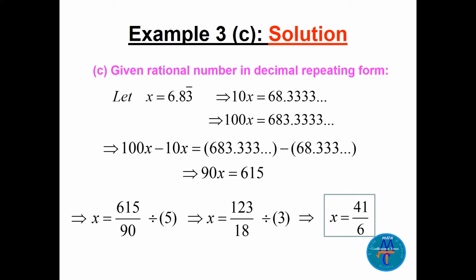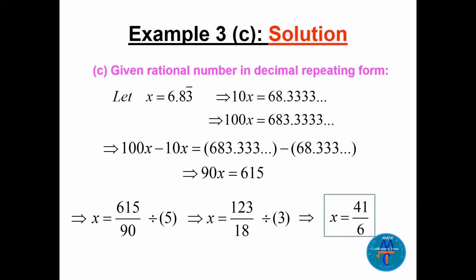Now I have the same repeated part. You see the idea here, the trick? 100x minus 10x. I don't use the x in this example, because the aim here is to cancel the repeated part.